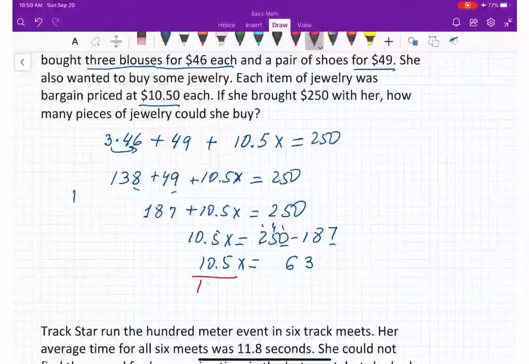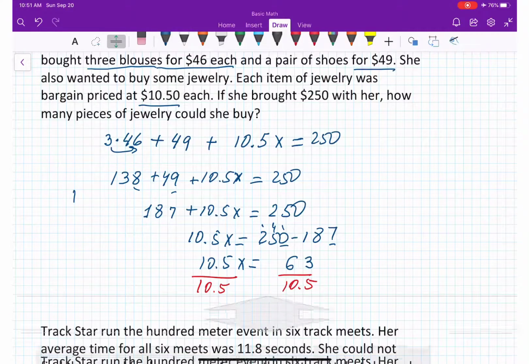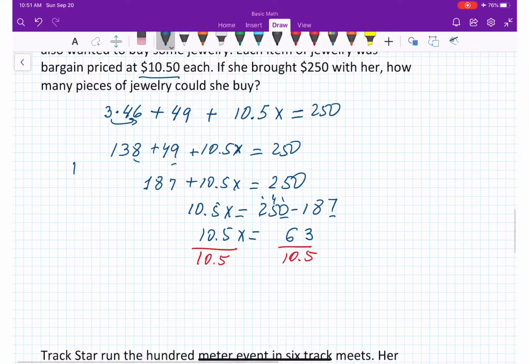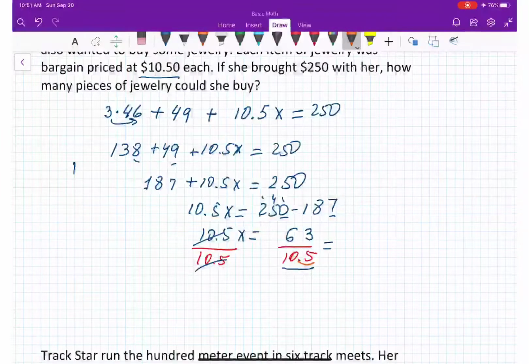Dividing by 10.5. Okay. How much is it going to get? So 10.5 cancels with 10.5. And x is equal, so since I cannot divide by a decimal, I am moving 1 position to the right to get a whole number, 105.